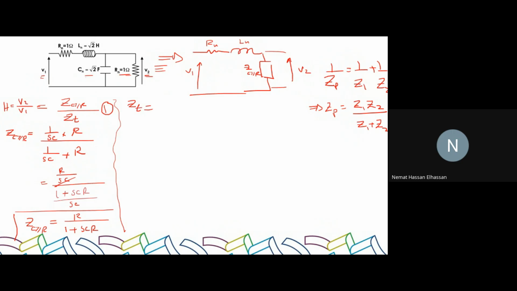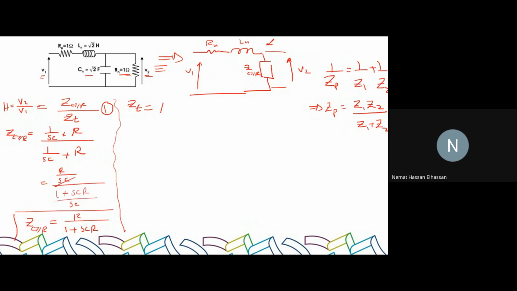What is the total impedance of all of them? Are they connected in series or parallel? Let's look here. Series. And the series total impedance is what? What do we do? Add them. Plus, exactly, plus.